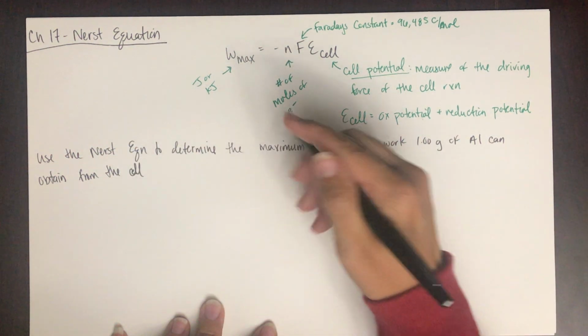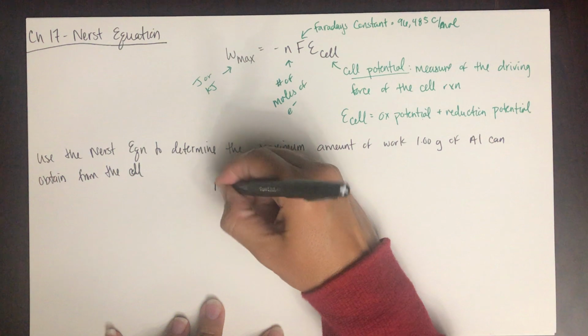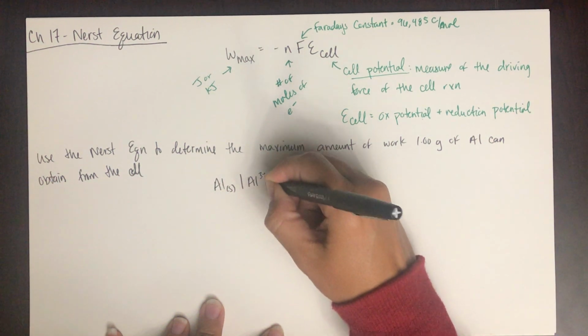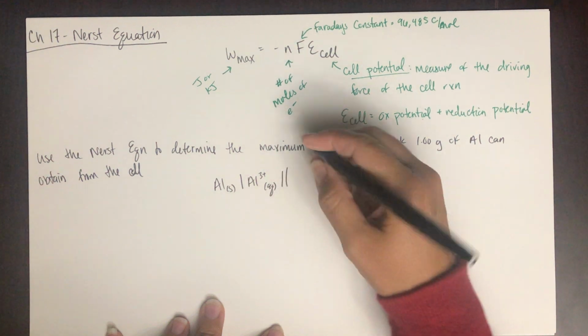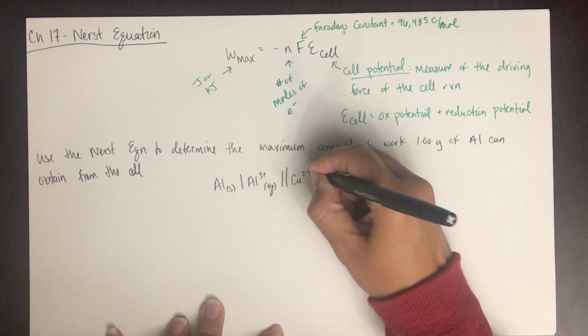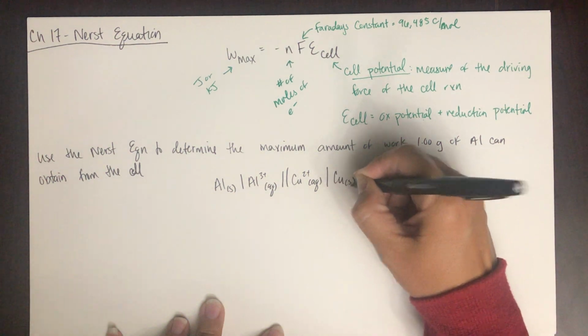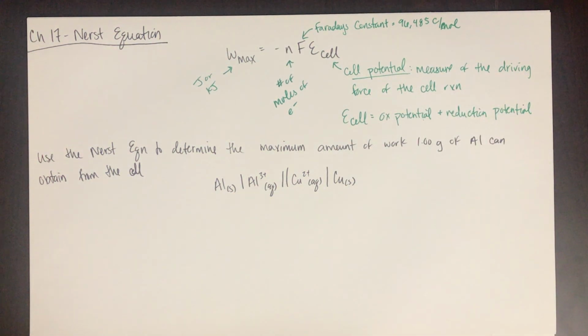And the voltaic cell notation of what we're looking at is aluminum solid to aluminum 3+, copper 2+ aqueous to copper solid. So that's the voltaic cell notation.